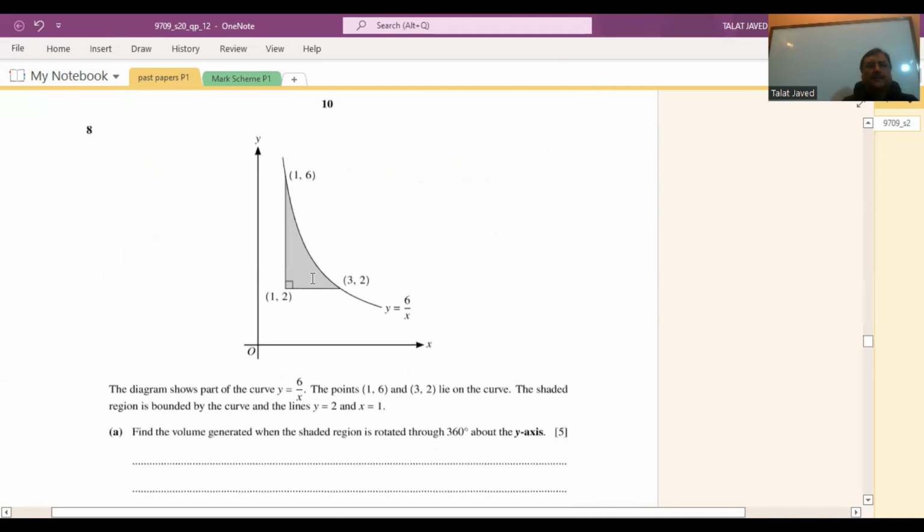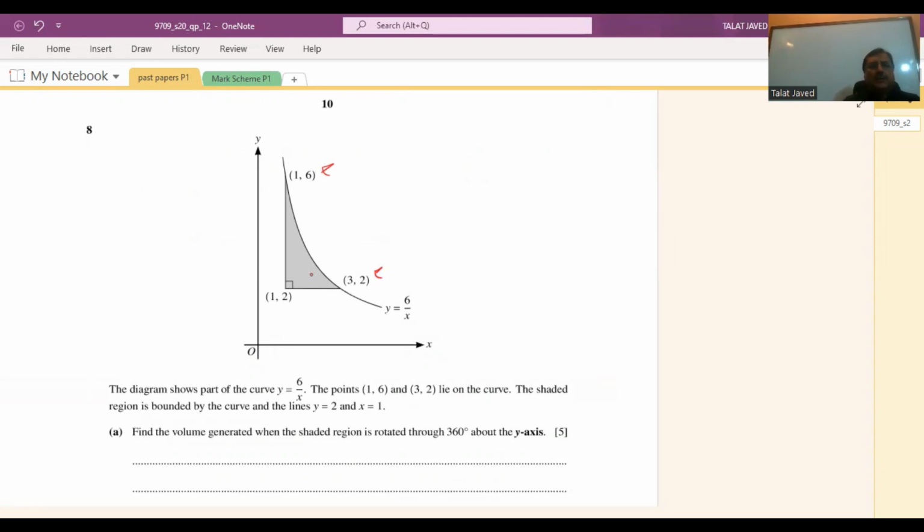Question number 8. The diagram shows the part of the curve y is equal to 6 over x. The points (1, 6) and point 2 lie on the curve.